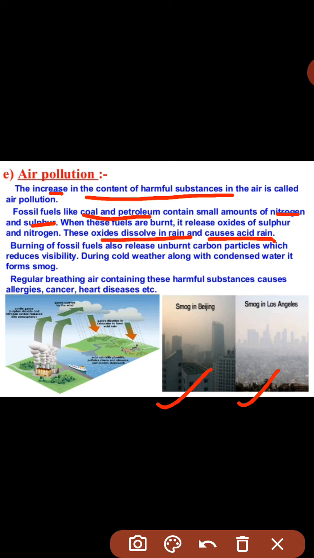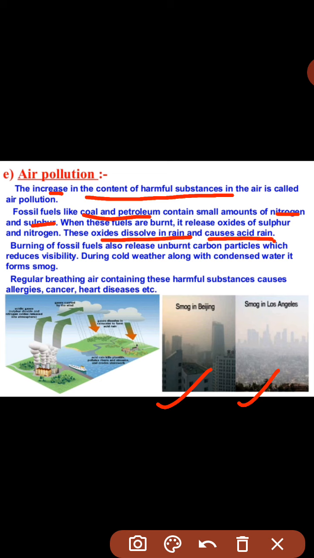Many times you have seen, when going to school in the morning in the winter season, that the road doesn't seem clear. This is because we are burning so many fossil fuels in the industries and factories, and this causes a lot of air pollution on our earth.